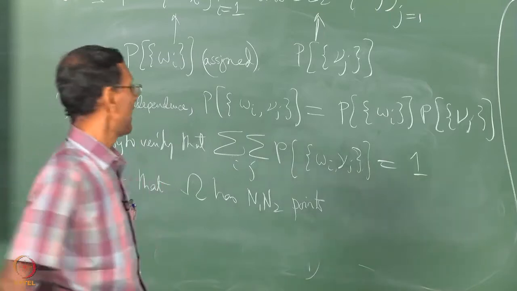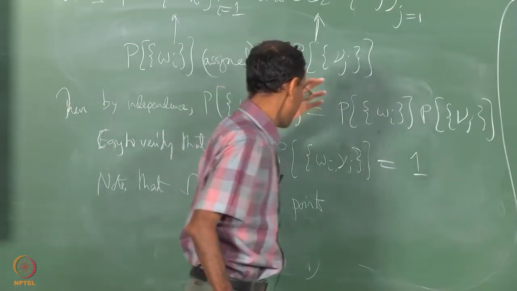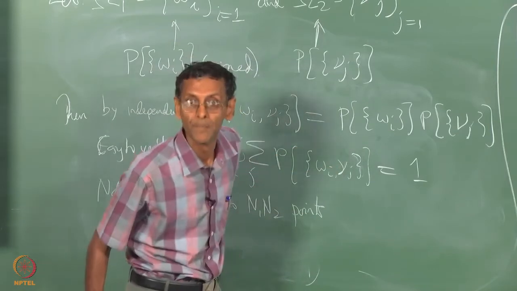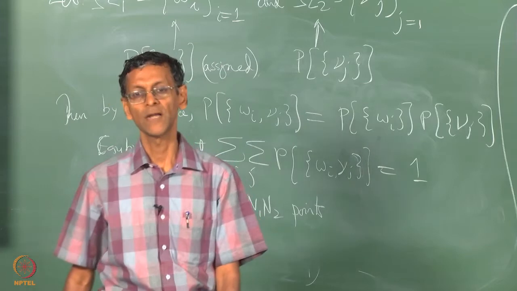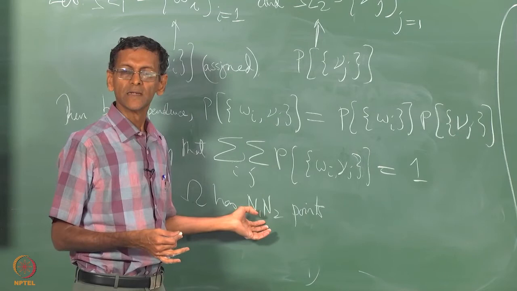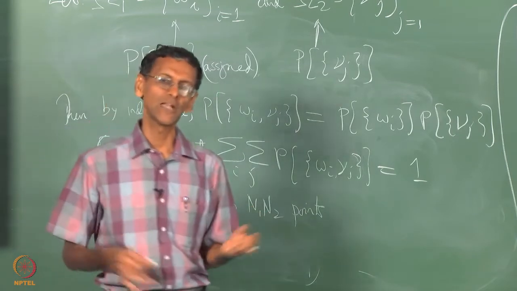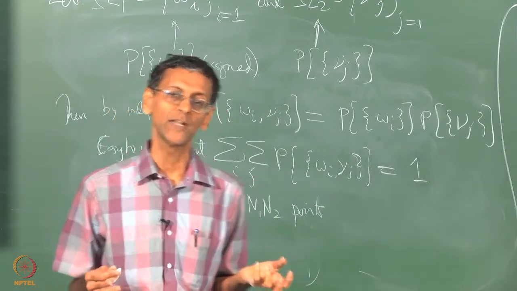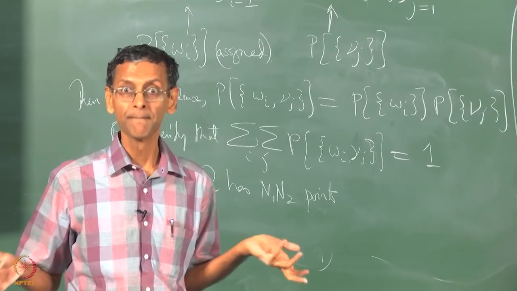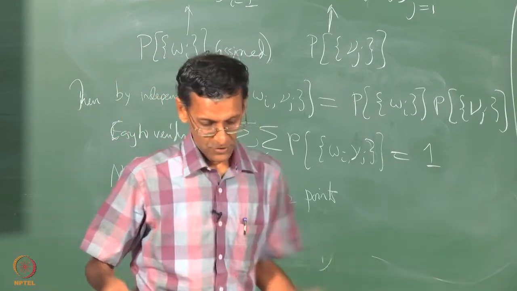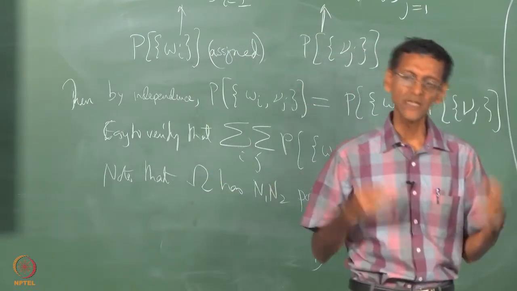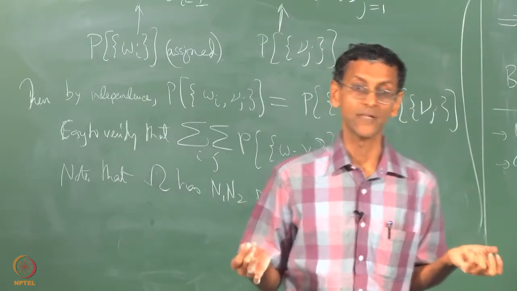And therefore, if you look at events now, they will be subsets of this omega, and you can have that many more events because this 2 power n1 n2, which is the power set of omega, is not equal to 2 power n1 into 2 power n2. So note that it is bigger. So in some sense, especially in the discrete case, you have more ways of combining the events.